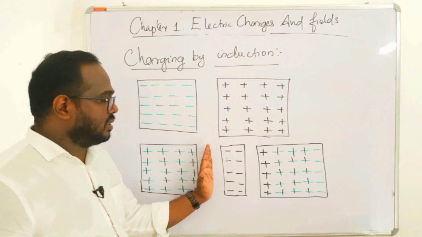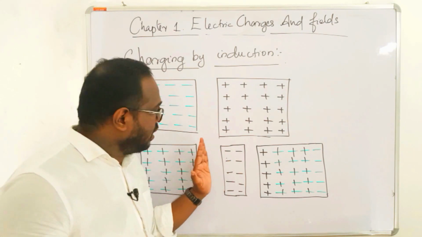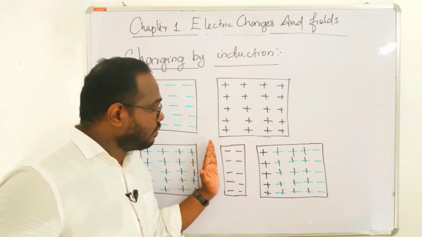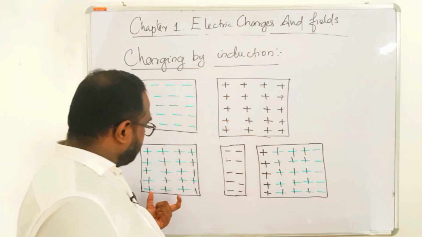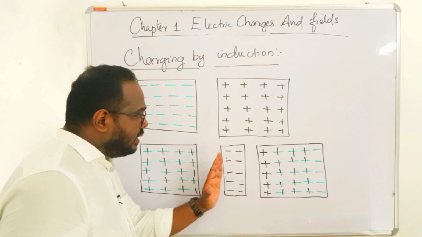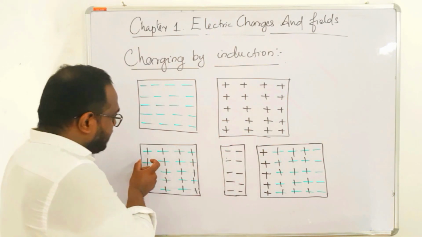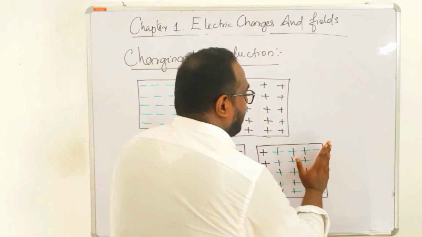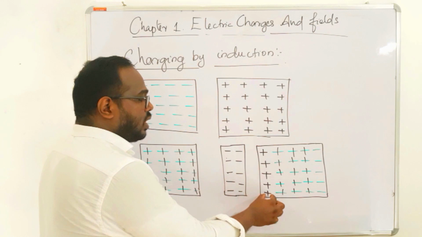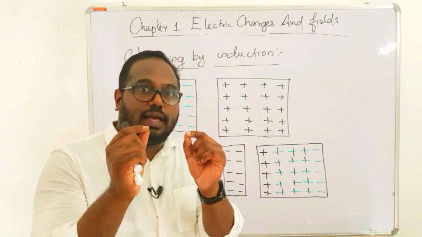What happens is, when you bring a highly negatively charged body near this object, this negative charge will repel negative, right? Look at this, the negative charge is repelled. Similarly, all negative charges are repelled here, right? And positive charge won't move. Positive charge will be there in its position.